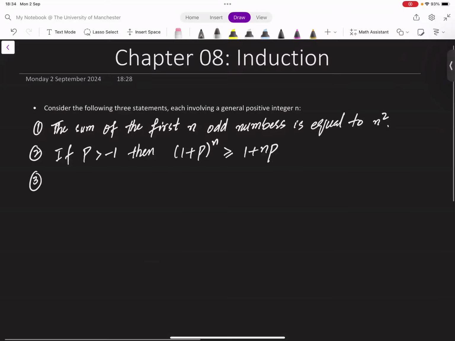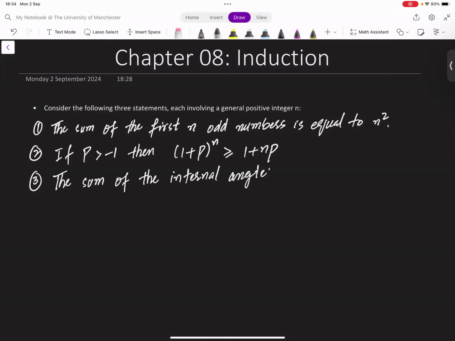And statement 3 is the sum of the internal angles in an n-sided polygon is (n minus 2) times pi.